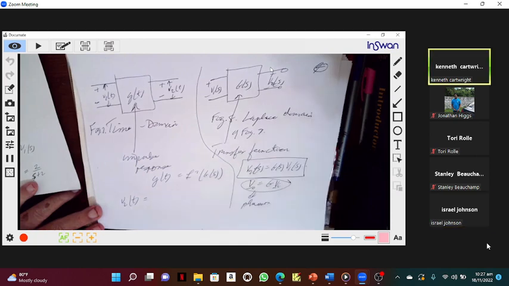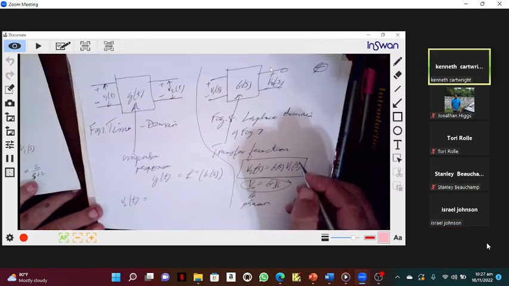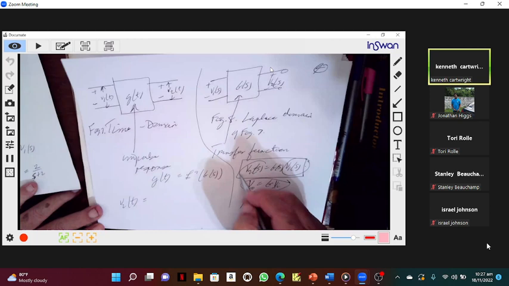Come on. Is G of t the input? No. Don't you see that this is the input and this is the output and this is the transfer function?